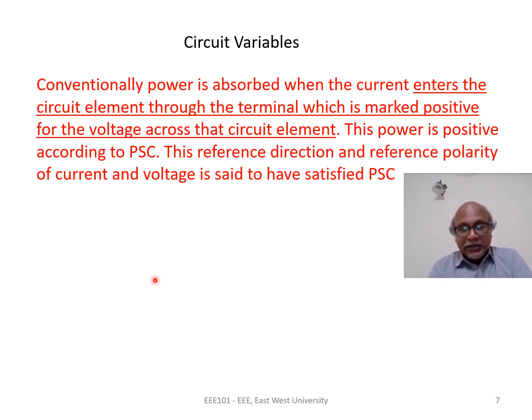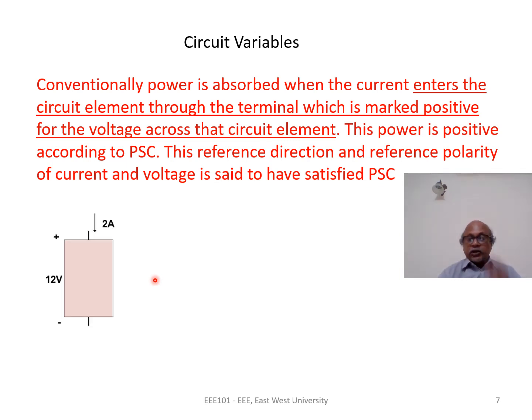If the current enters the circuit element through plus of the voltage, then conventionally power is absorbed. If the current enters the circuit element through minus of the voltage, conventionally power is supplied. When convention says power is absorbed, we say that reference polarity and reference direction satisfy PSC.